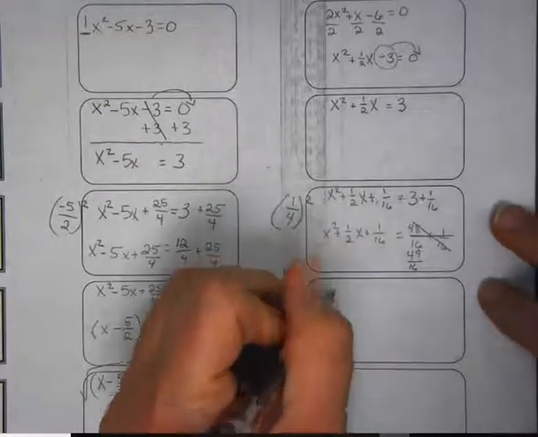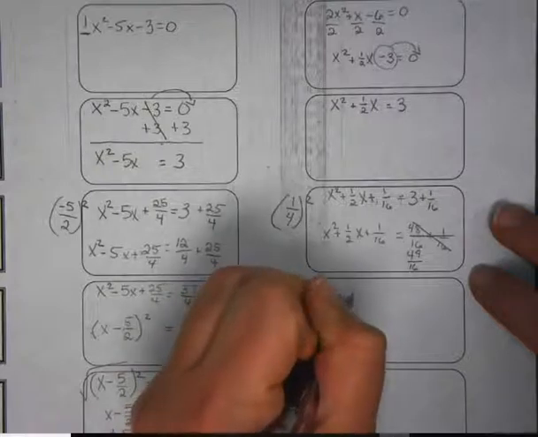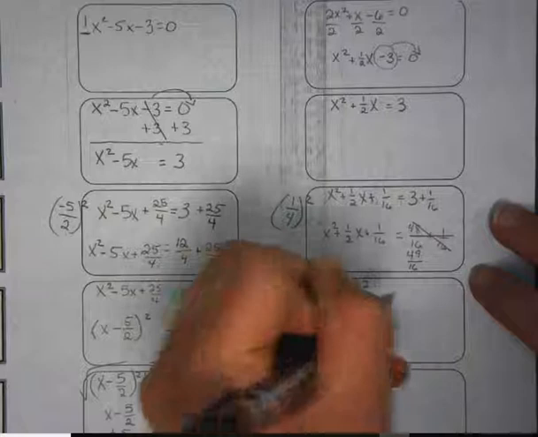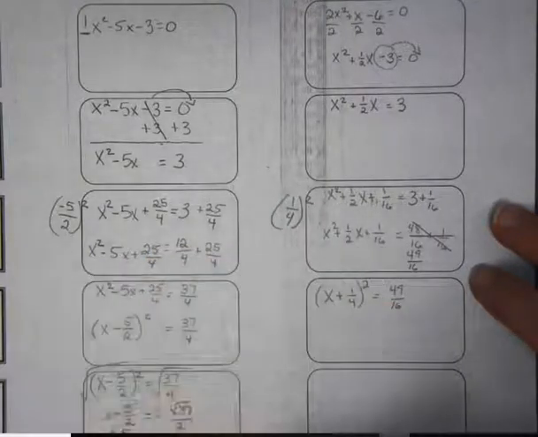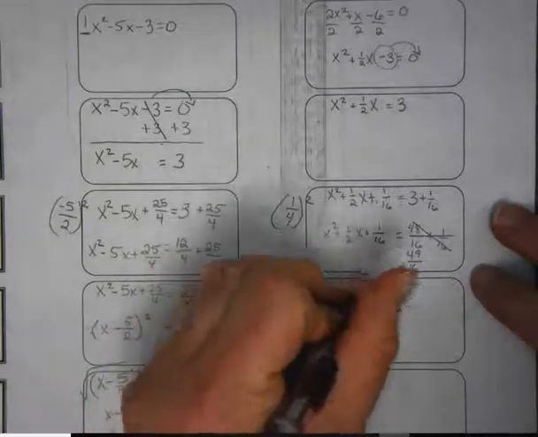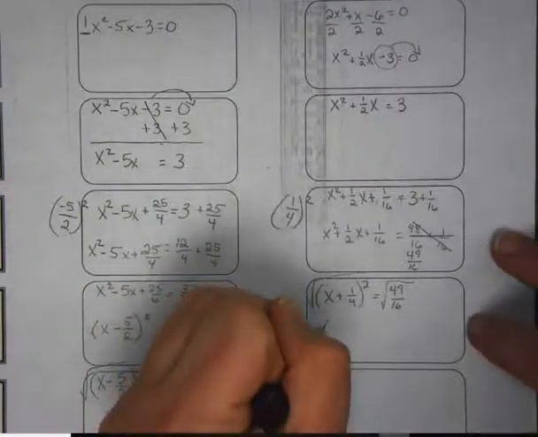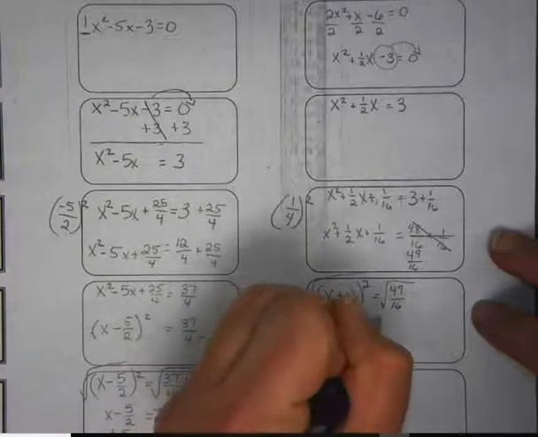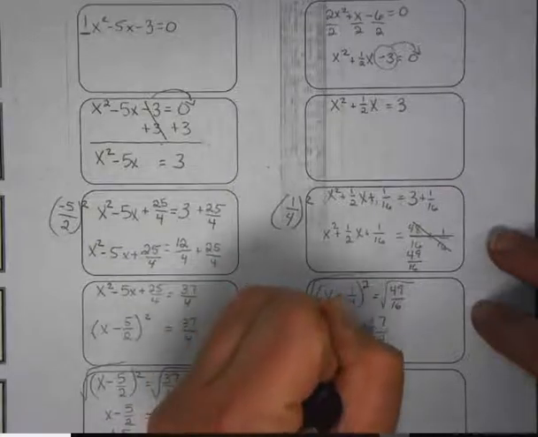So now we're going to factor it. We're going to have x plus 1/4 quantity squared is equal to 49/16. And then we're going to take the square root of both sides. And then we end up with x plus 1/4 is equal to plus or minus 7/4.